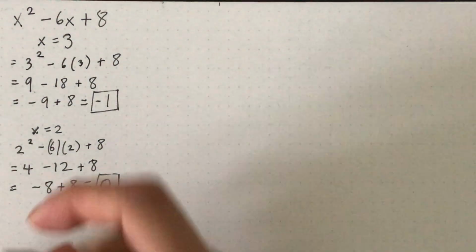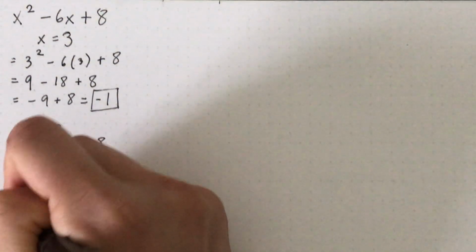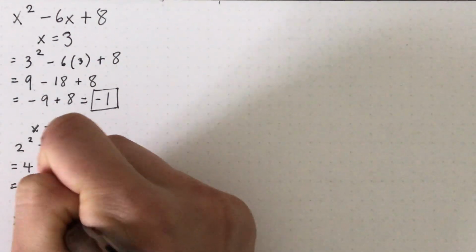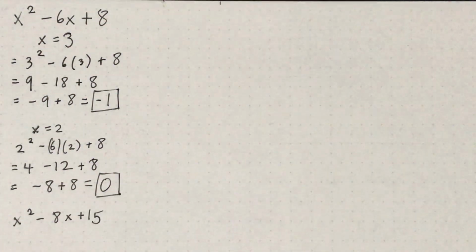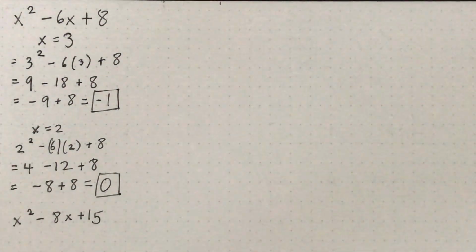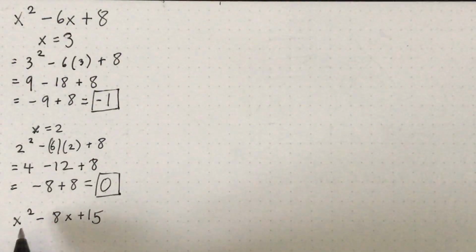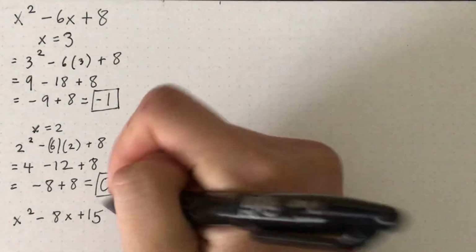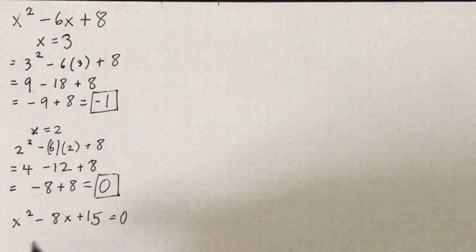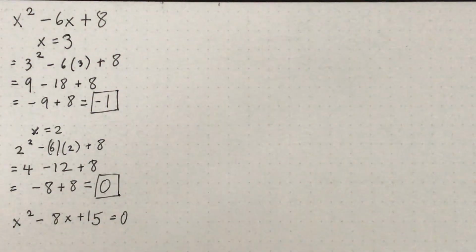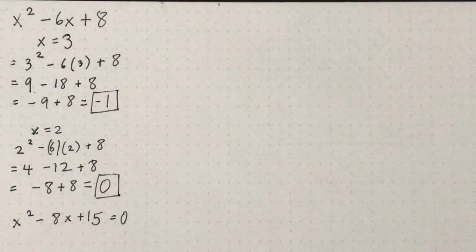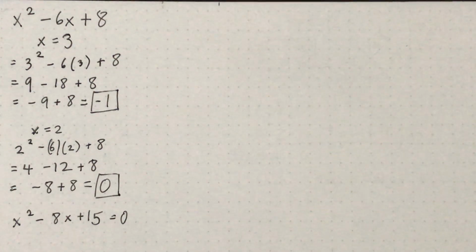For example, let's say I gave you x squared minus 8x plus 15. Instead of just testing numbers out, how do I know which number would give us 0 as our answer? Would it be x equals 1, 2, 3, 4? If you keep testing all these numbers, that's a lot of time spent.